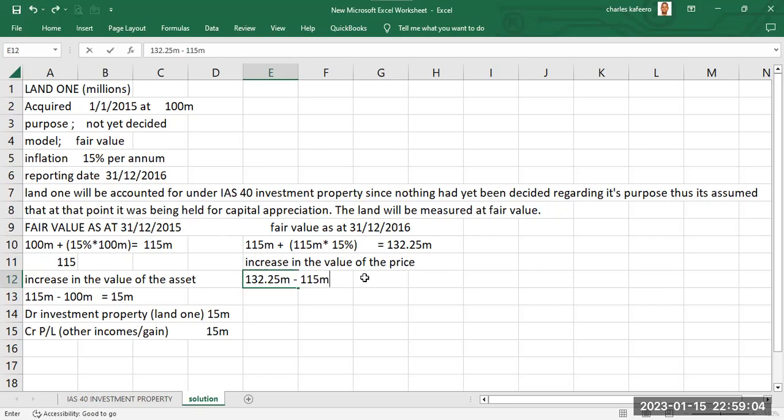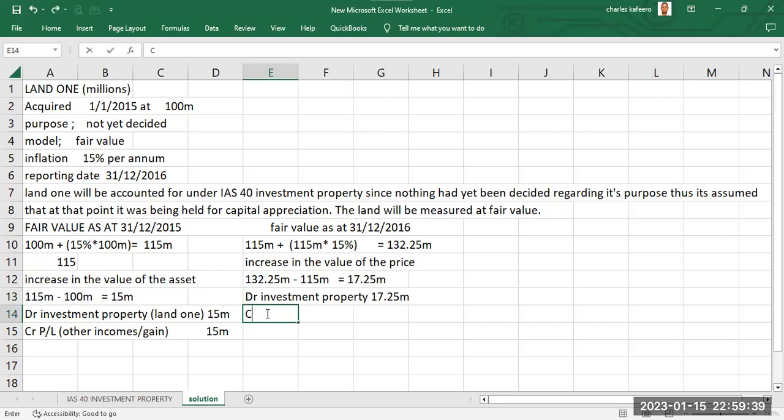That's why we are deducting to get the balance. So when you do that, you'll be having 17.25 million. And this one is going to be a debit to the investment property, 17.25 million.